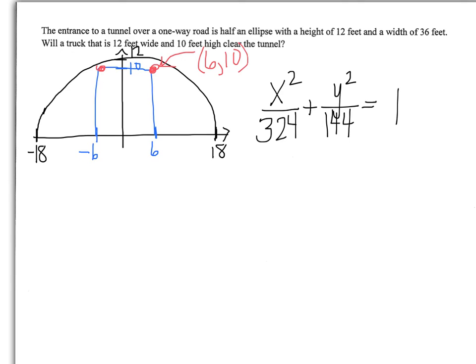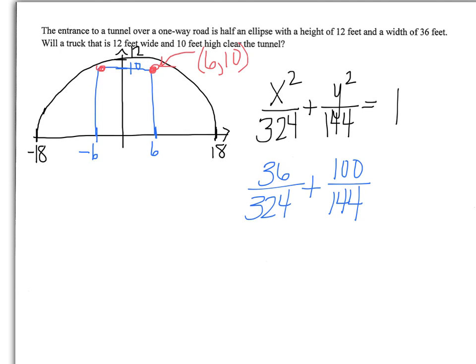So it's in this equation that I plug 6 for x and 10 for y. That gives me 6 squared, which is 36 over 324, plus 10 squared for y, so 100 over 144.